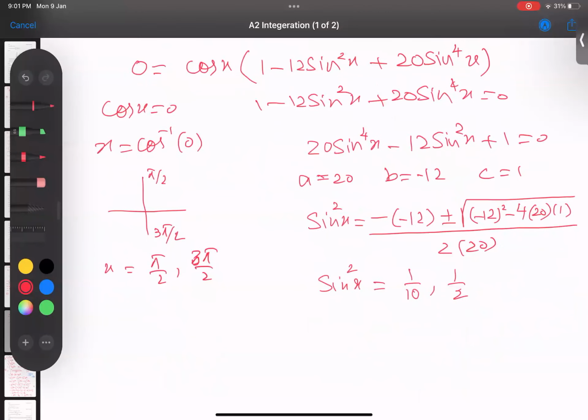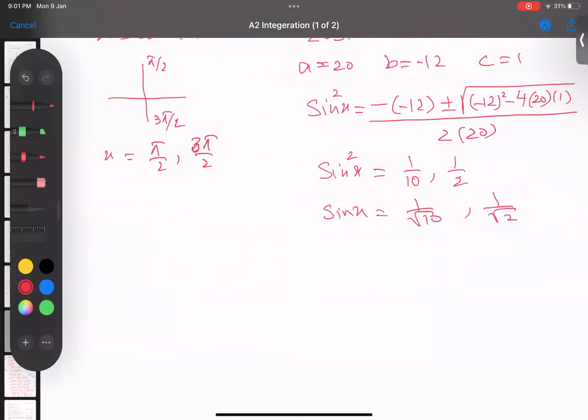Make sure this power 2 is always here. If we have a single sine x here, then single sine x comes here. Now I will take sine x is equal to 1 over root 10 and 1 over root 2. So I have two possibilities. Both are, I think, first quadrant, although I know sine is positive in two quadrants.